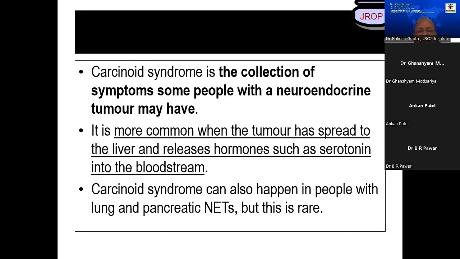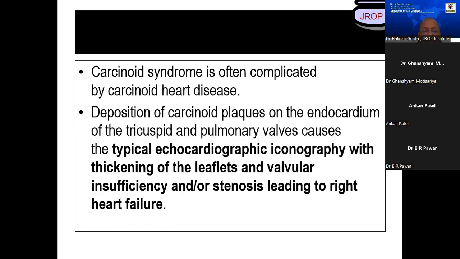Carcinoid syndrome is a very important entity which is often seen, rarely but not truly rare. It is a tumor which, when it spreads to the liver, releases a lot of hormones like serotonin into the bloodstream. It also happens in people with lung and pancreatic carcinomas, but this is rare.